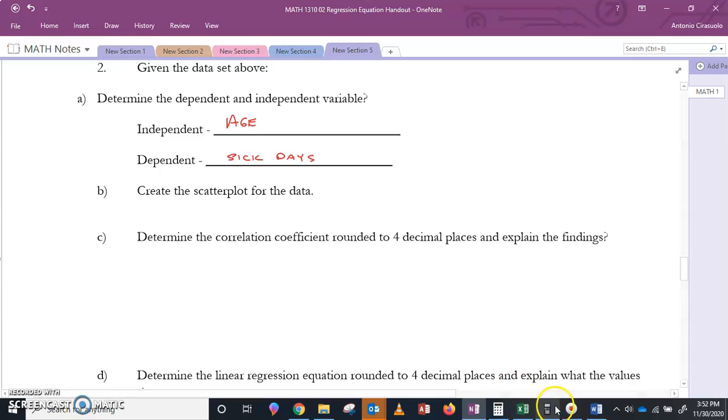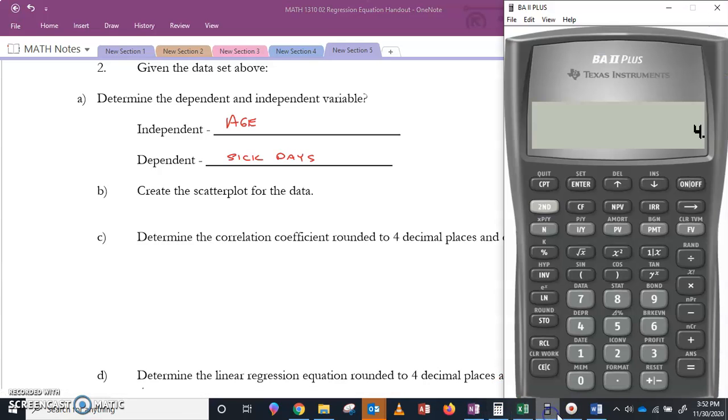So next, it's asking, determine the correlation coefficient rounded to 4 decimal places. So go second, stat, and scroll down until we get our R value. And there it is. So this is the value we're going to use. You can see it's negative, which is great, which is what we expected.